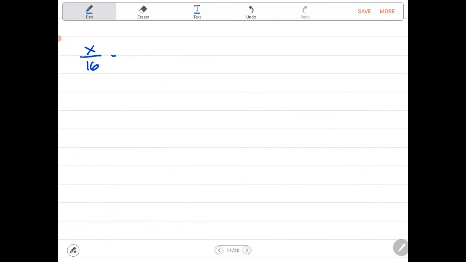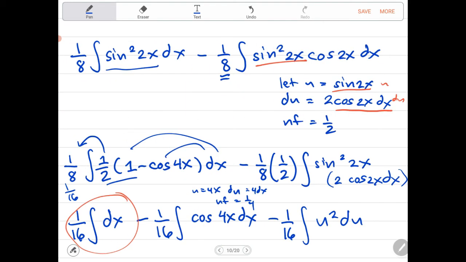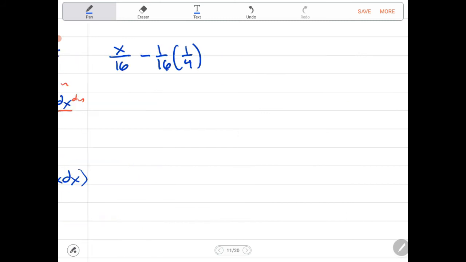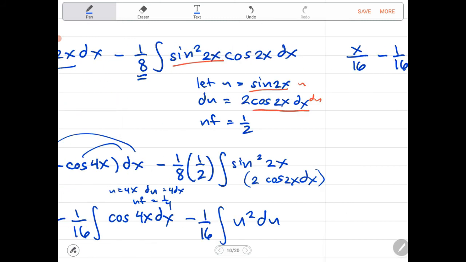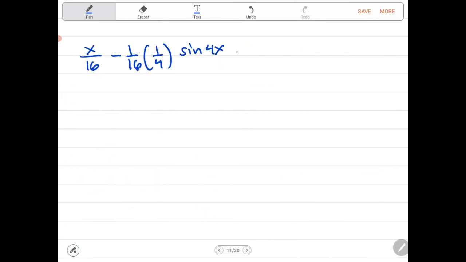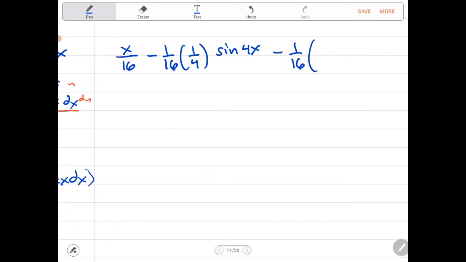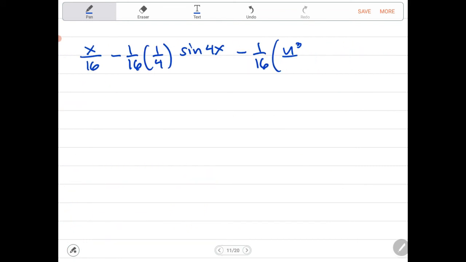So we have a minus 1 over 16 times the neutralizing factor 1/4. Then what is the integral of cosine 4x? That is sine 4x. So minus 1 over 16 times u cubed over 3 plus c.